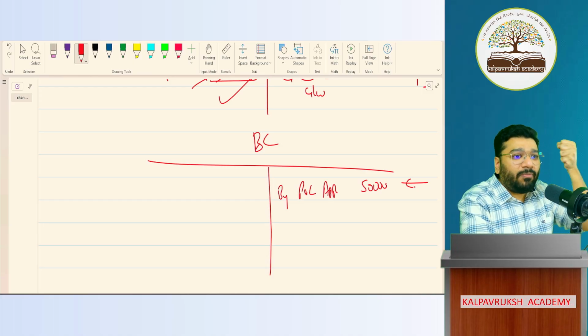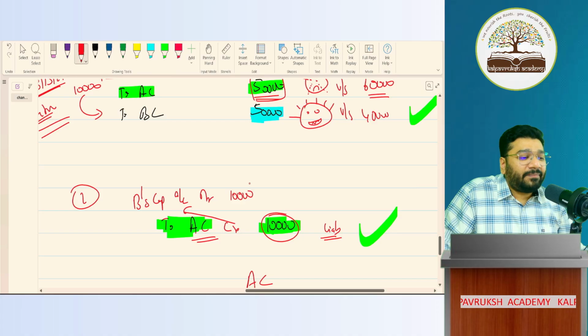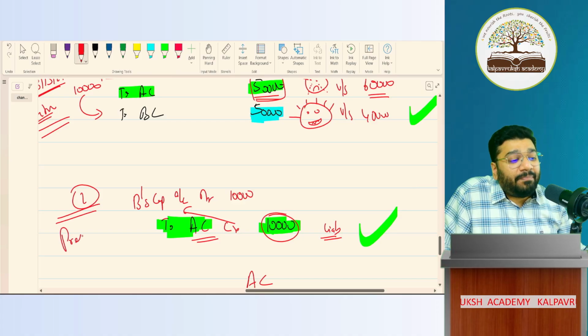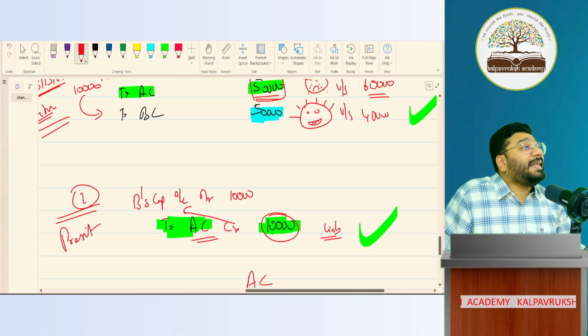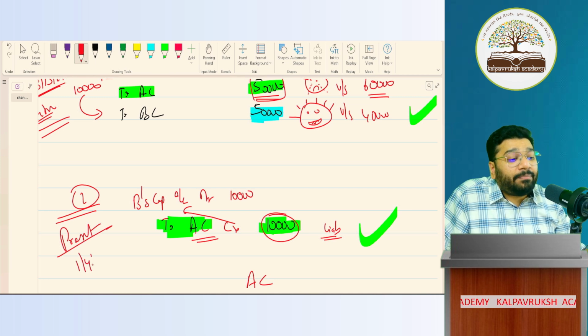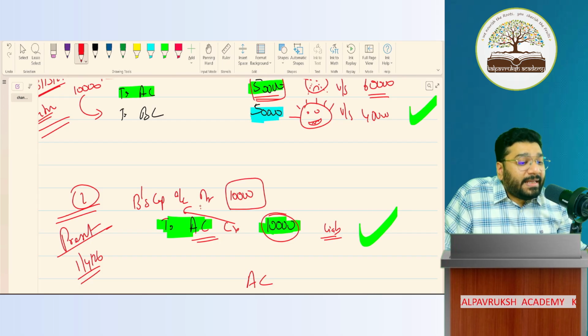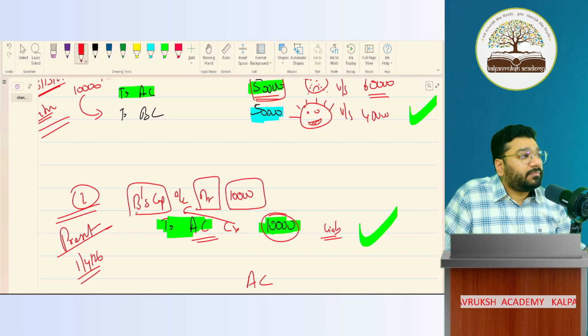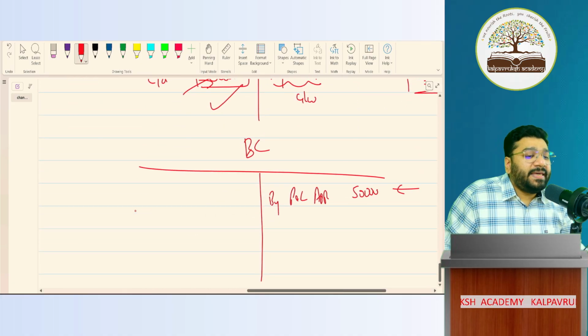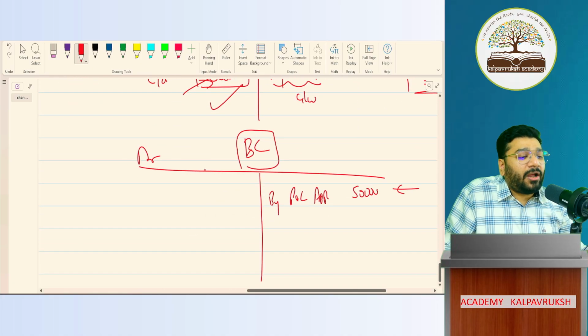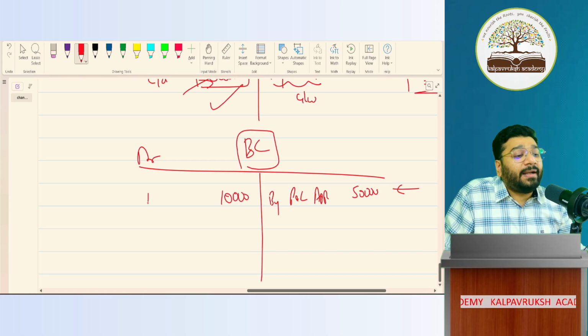Now that extra 10, how am I recovering? In the second entry. This entry I'm passing in the present. Present, what date? 1 April 26. What is the posting? Record this 10,000 on the debit side of B's ledger. Who is the opposite party? To A's capital.